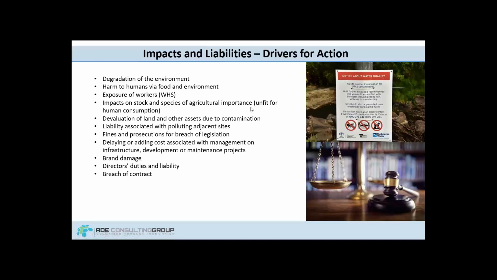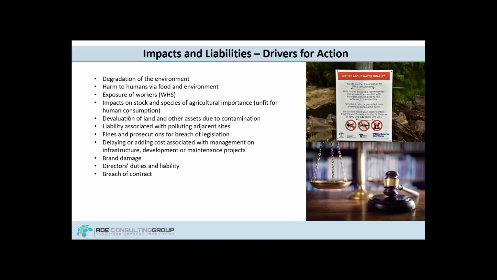So here in Australia, we have seen some fantastic cases where exposure to stock such as fish or cattle, as well as in the United States in the cheese and dairy industry, have rendered products unfit for human consumption. Devaluation of land and other assets due to contamination.